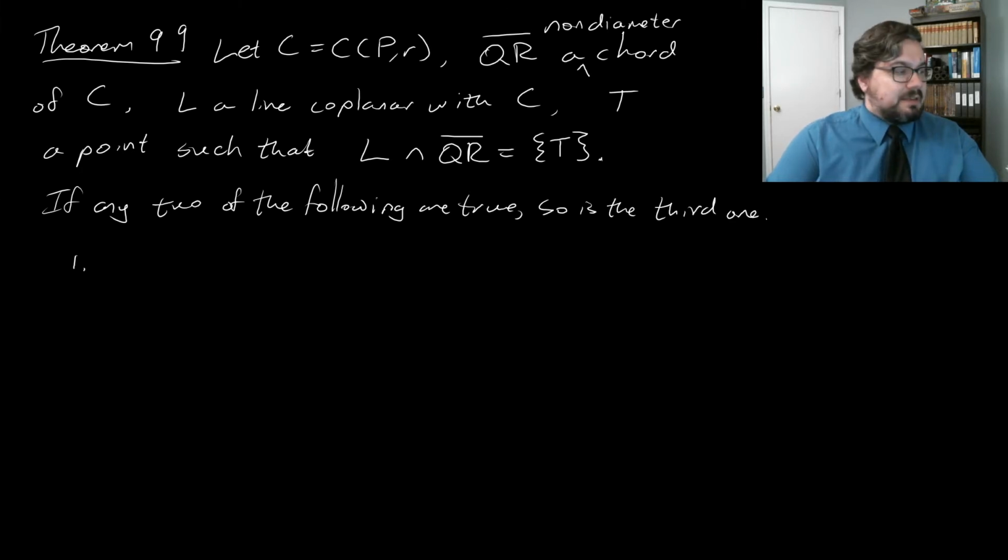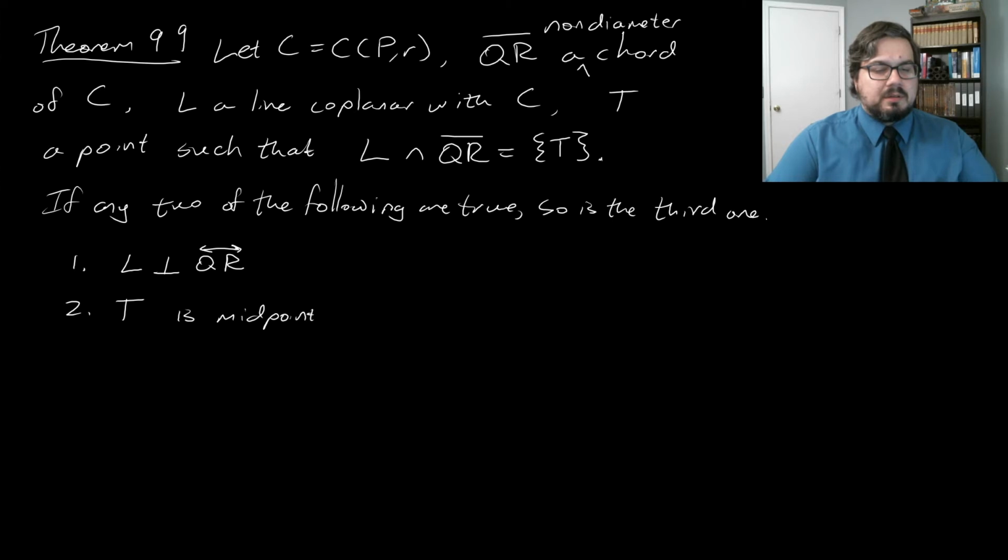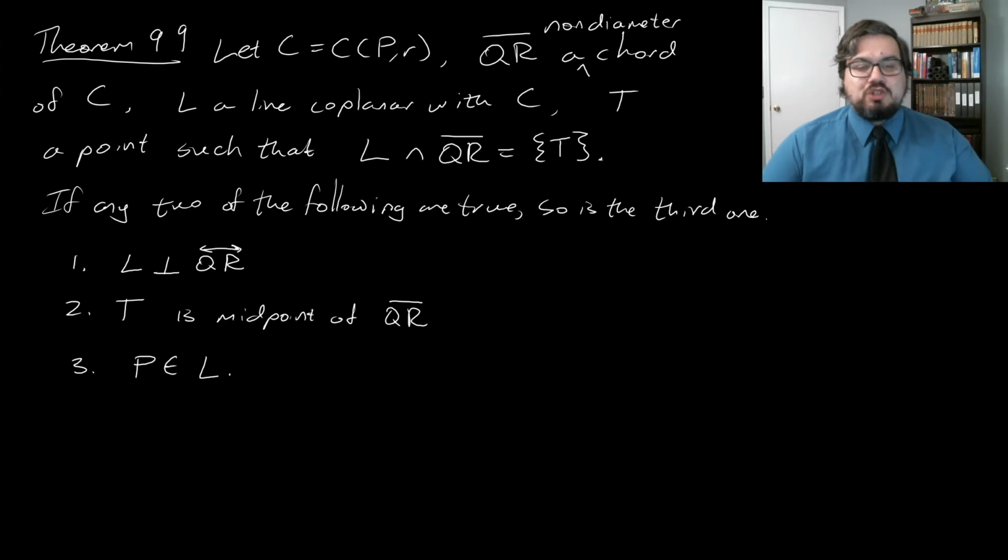So the three statements that we have are that L is perpendicular to the line QR. We have number two, that T is the midpoint of the segment QR. And number three, P, the center of the circle, belongs to L. If any two of these statements are true, then the third one has to be also.